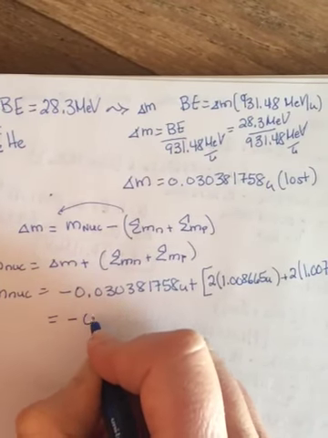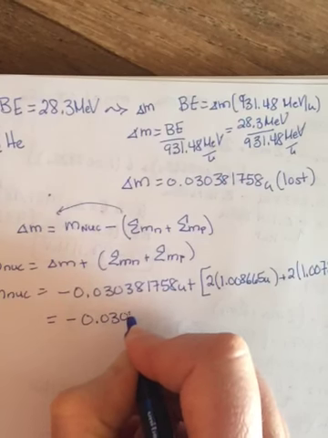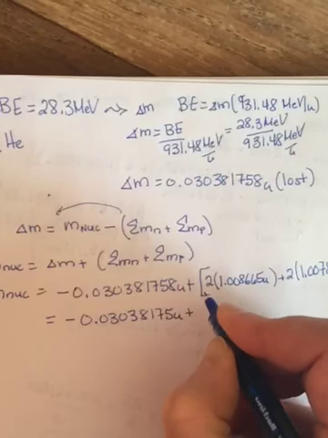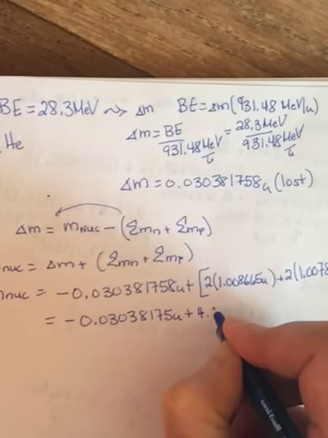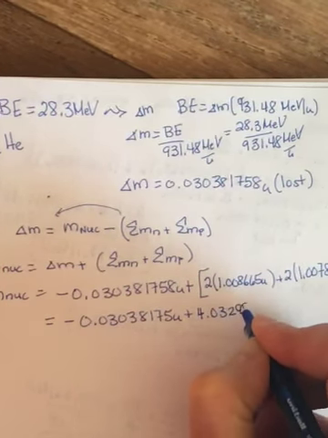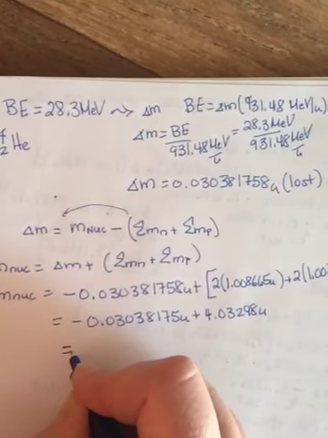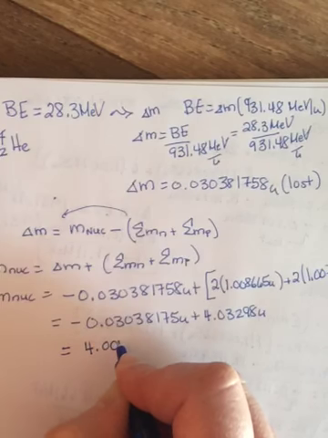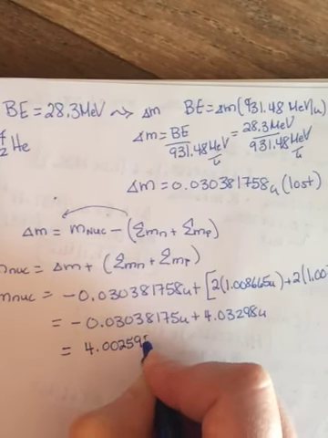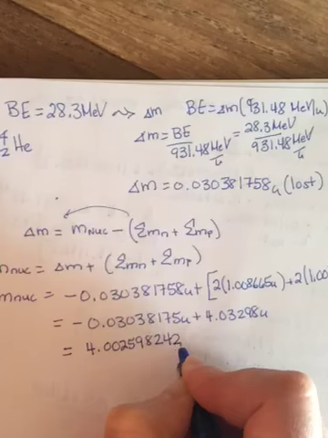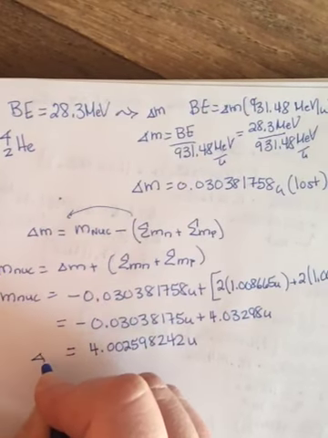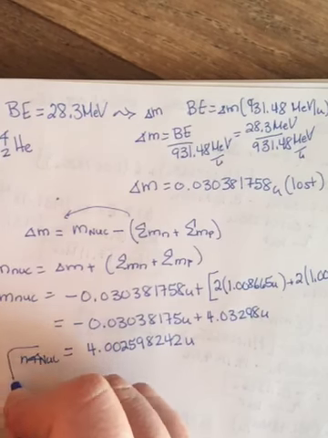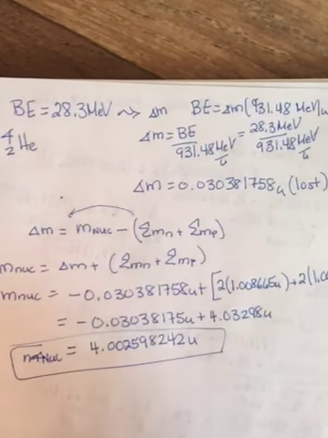And so we have negative 0.030381755 U plus 4.03298. And so you get 4.002598242 U's. Okay, I said mass defect, but this is really the mass of the helium nucleus.